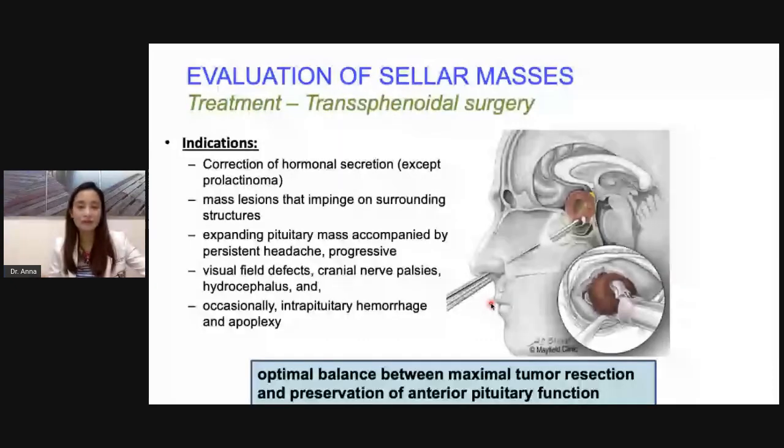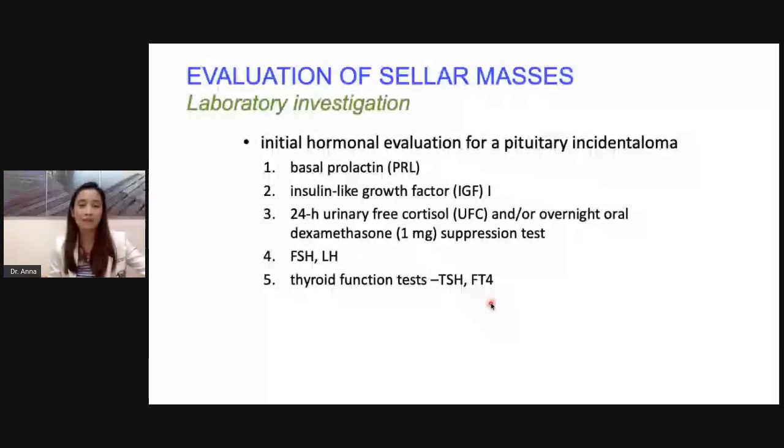So based on this, let's say you have an elevated prolactin, then you suspect that probably this mass could be a prolactinoma. If the IGF-1 is elevated, you might suspect the patient to have a growth hormone producing adenoma. So you can do a confirmatory test with a 75 grams growth hormone suppression test.